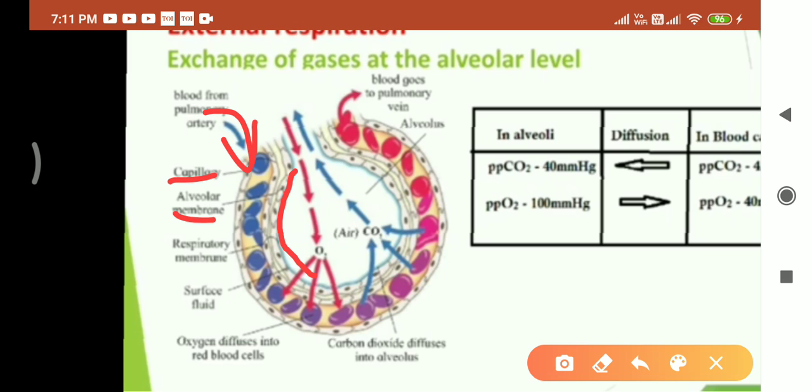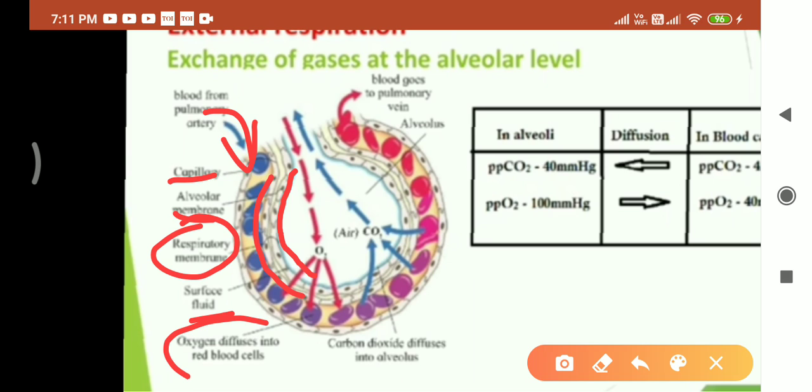This alveolar membrane and the capillary membrane together make the respiratory membrane. Here external respiration, or exchange of gases, will occur. Surface fluid is present over here.